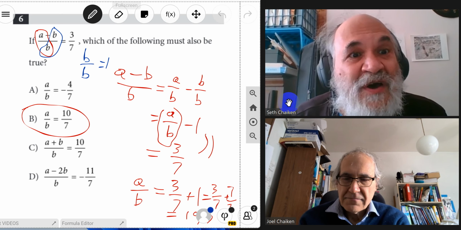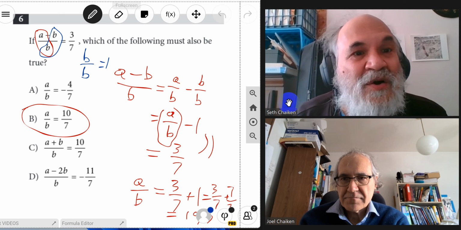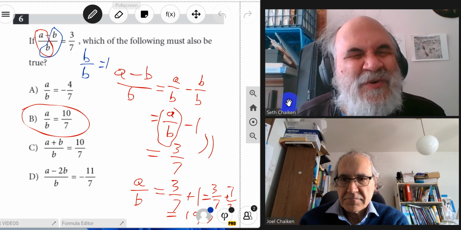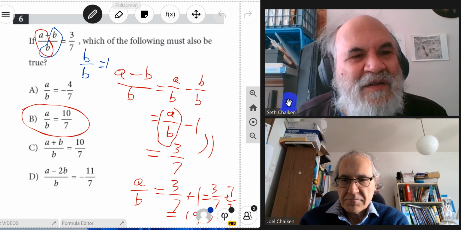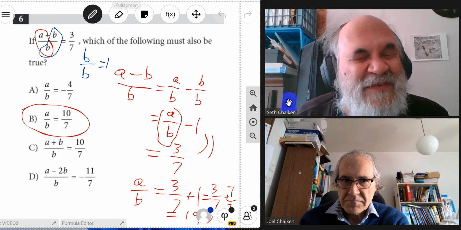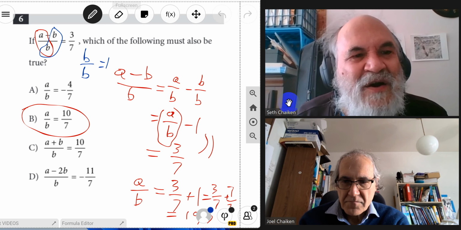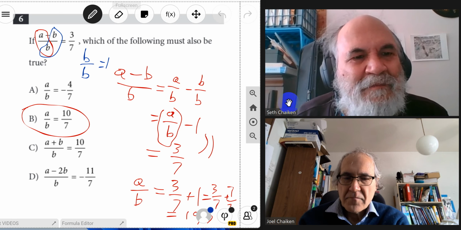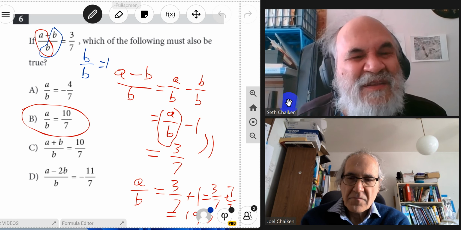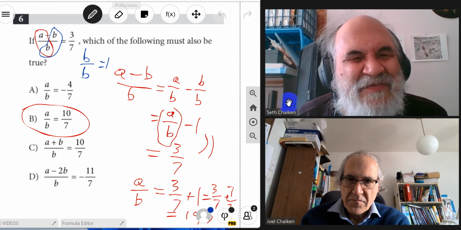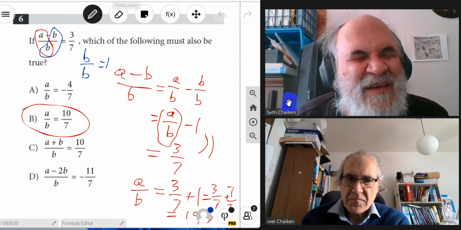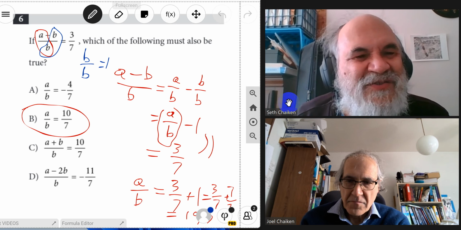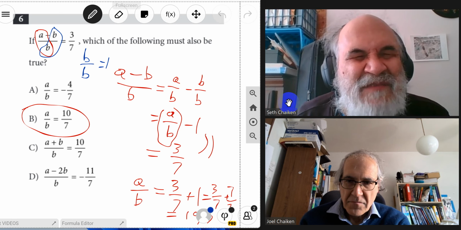And notice all the other choices are homogeneous. All of these expressions depend on the ratio of A and B. And then, of course, this one is wrong. This is A over B plus 1 equals 10/7, but the truth is A over B itself is 10/7. This one is A over B minus 2 equals minus 11/7.